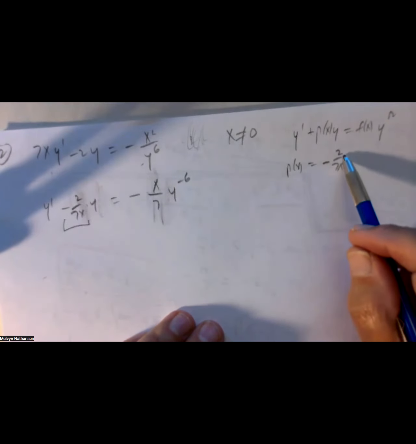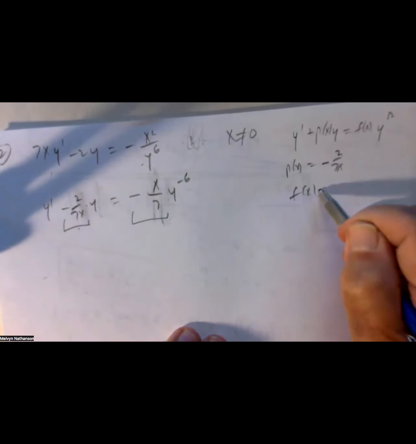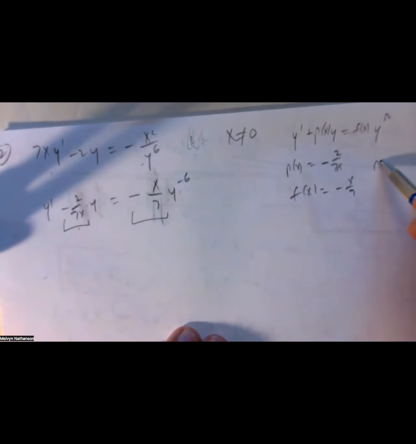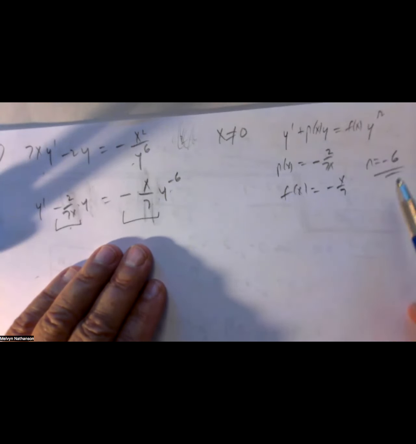So p of x is minus 2 over 7x. f of x is minus x over 7. And r is minus 6. Okay. So now this is of the form of a Bernoulli equation with this value for r. We never said r had to be positive. Doesn't have to be.